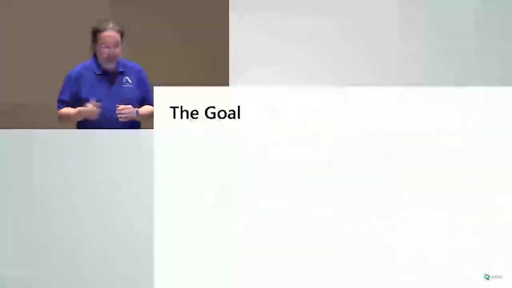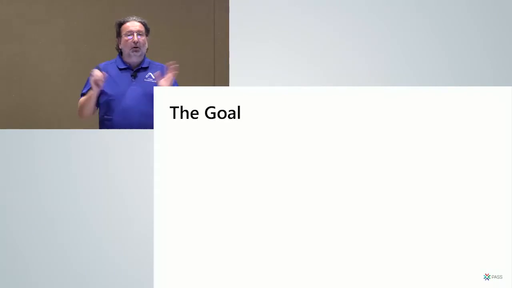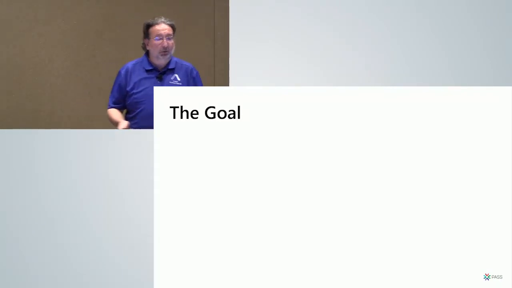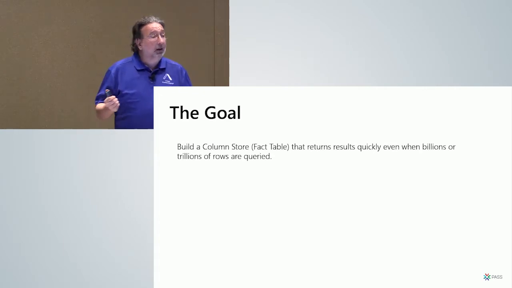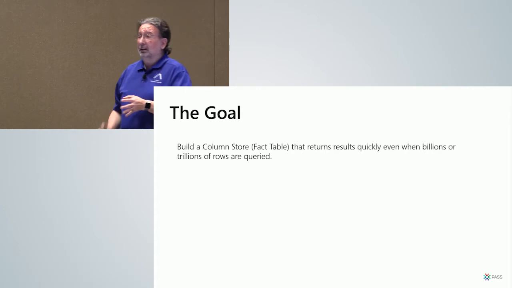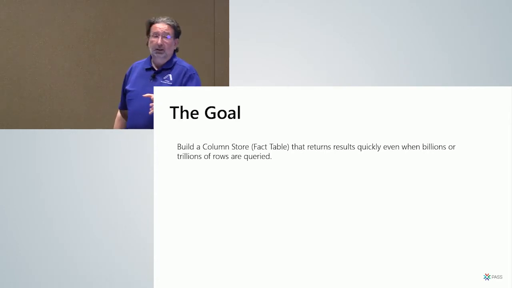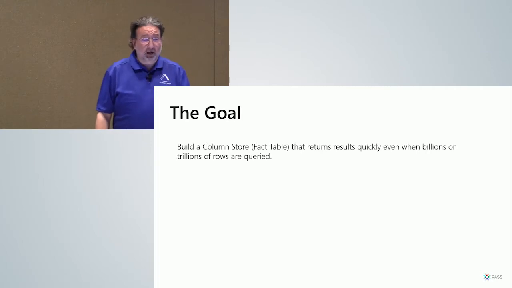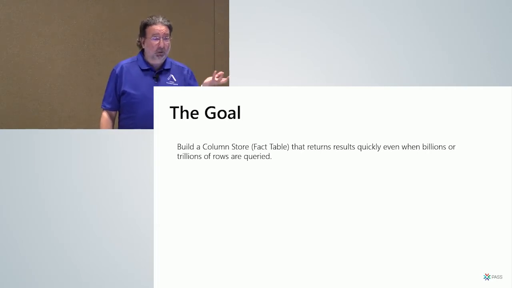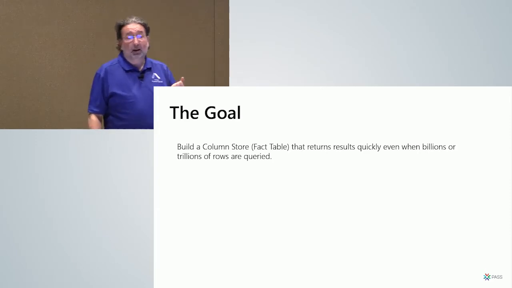Hello, transitions. So the goal of this session is to explain to you how to get a column store big. Lots of rows. And first of all, a column store is not a good idea if you have very few rows. If you have 1 million or less than 1 million, you're just creating one row group. There's probably not a lot to gain from that.